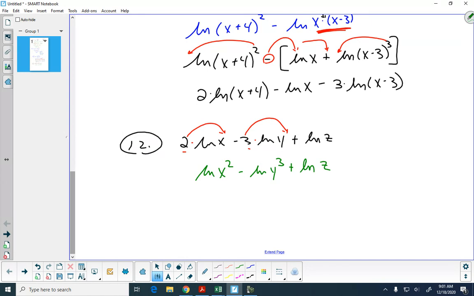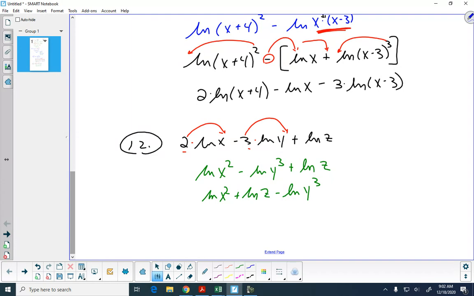Now the only thing is when you have addition, you're going to have multiplication. When you have subtraction, you're going to have division. Now it does not matter which way these are ordered. I could also write this as ln of x squared plus the ln of z minus the ln of y cubed. Just make sure the negative stays with the y cubed.